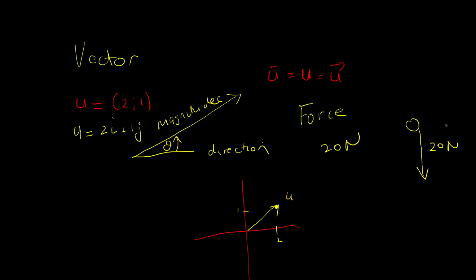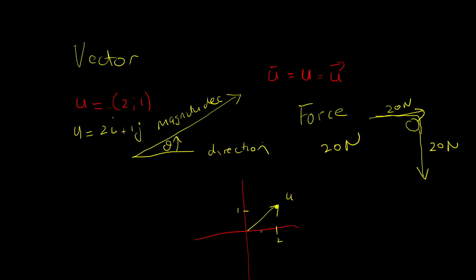You can also have a wire over a pulley with 20 newtons in that direction. So we always use magnitude, which in this case is newtons, and direction. The direction could be down or right.